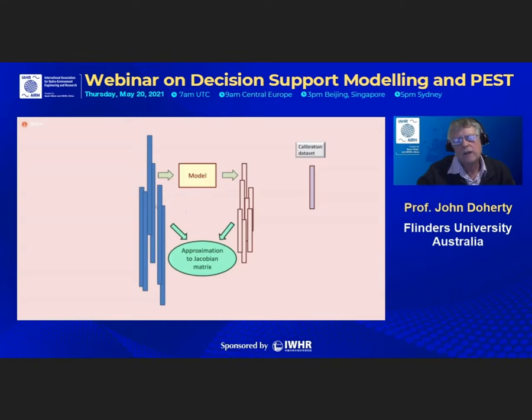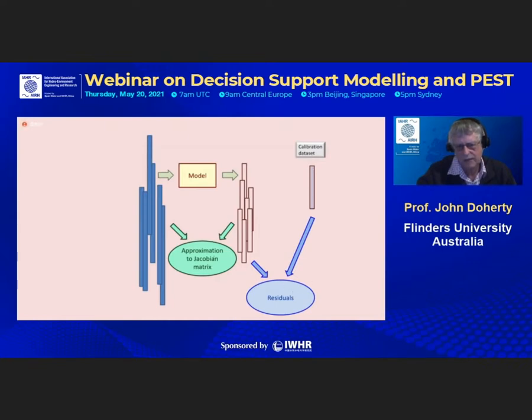Then from the covariance between the outputs and the parameters, we build an approximate Jacobian matrix. It's approximate, it's rank deficient, but as long as we've got enough realizations in this ensemble to span the solution space, if you want to be mathematical, this is enough to take the differences between model outputs and members of the calibration data set.